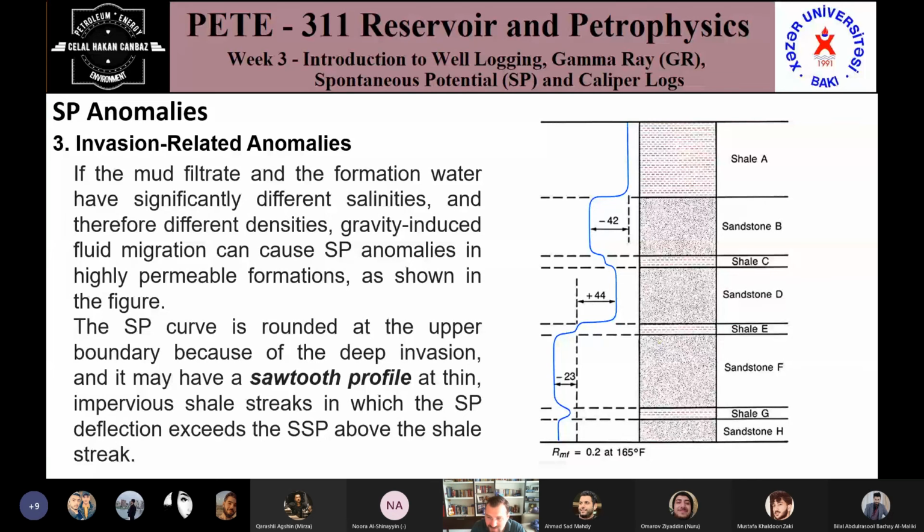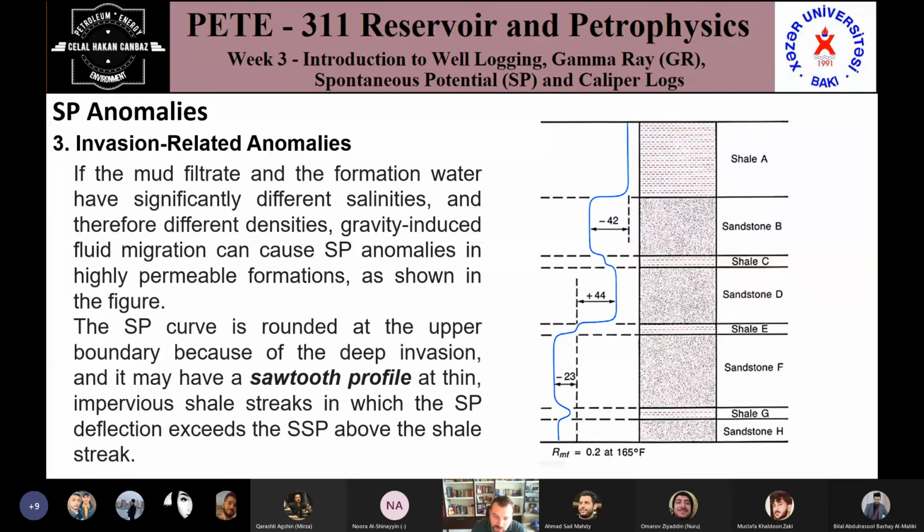Encircling the hole is a horizontal disc of shale sandwiched between salt water and some fresher water, actually fresher mud filtrate, that acts like a battery cell. So the EMF of this cell is superimposed on the normal SSP, producing the sawtooth profile. We call it the sawtooth profile.